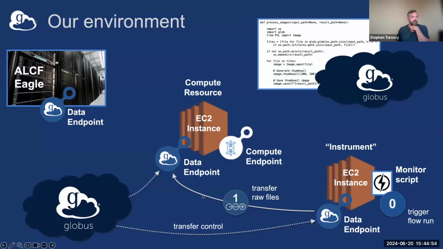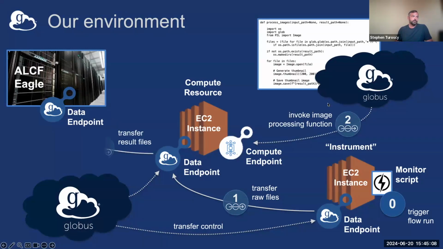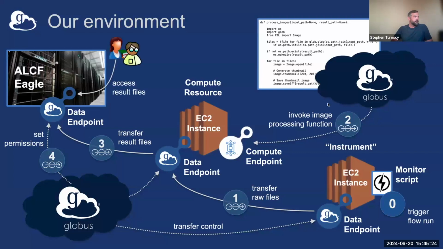Installed on GCS, the data endpoint is grabbing those resources, those data sets, and running compute. So it invokes that image processing function. It transfers the results of that compute to the data endpoint at ALCF, which is Eagle. I think that's the end of the diagram. No. Oh, and then we're setting permissions on those data sets, on that data at Eagle, and then access the result files.